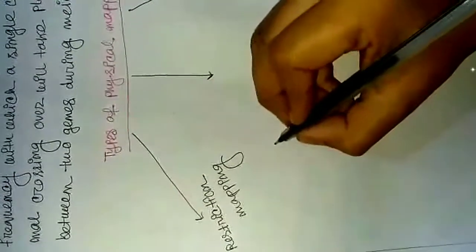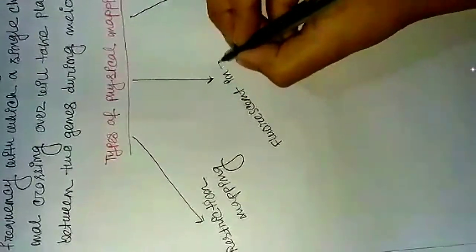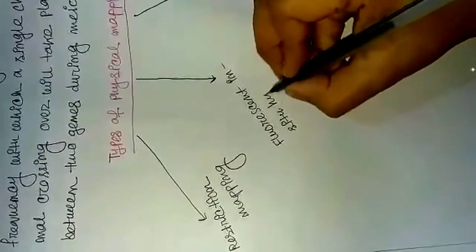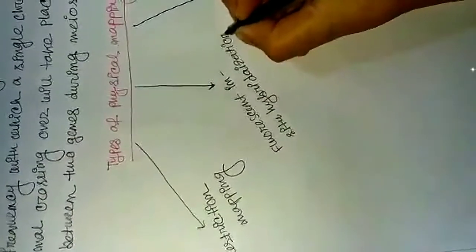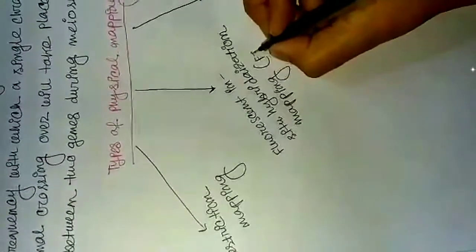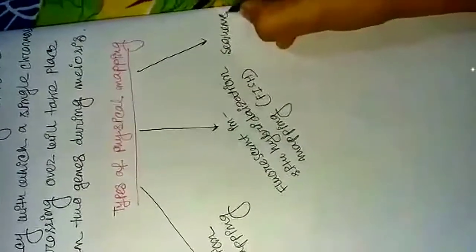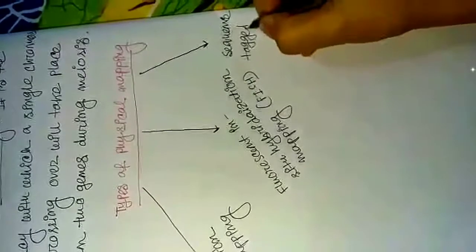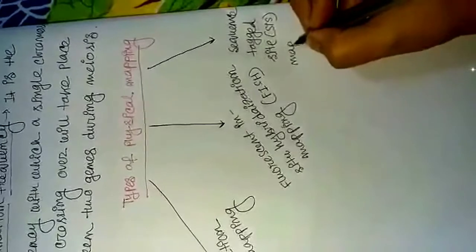The second one is known as fluorescent in situ hybridization mapping, or you can say in short FISH. And third one is sequence tagged site, STS mapping.